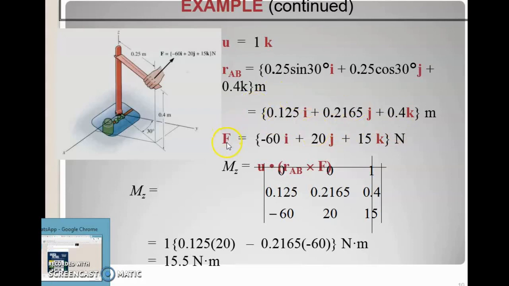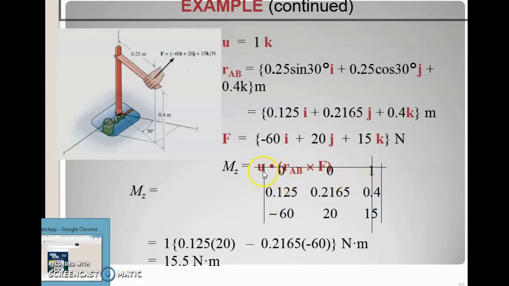Your vector form of F is already given, you don't need to find it. So you already have three vectors: the unit vector, R, and F. Using this equation of moment about an axis, Mz, or triple scalar product, perform this operation using this matrix.